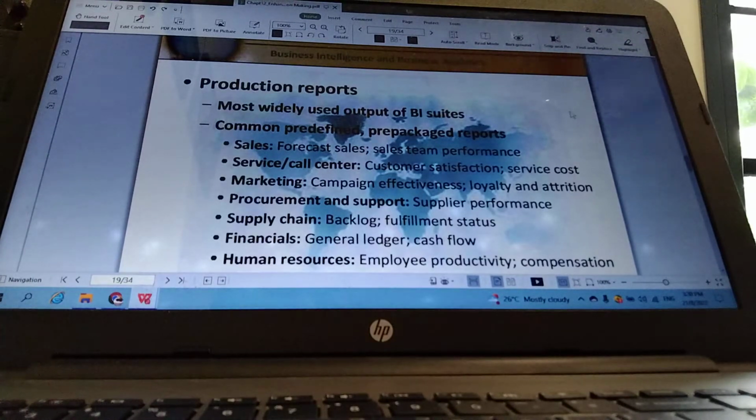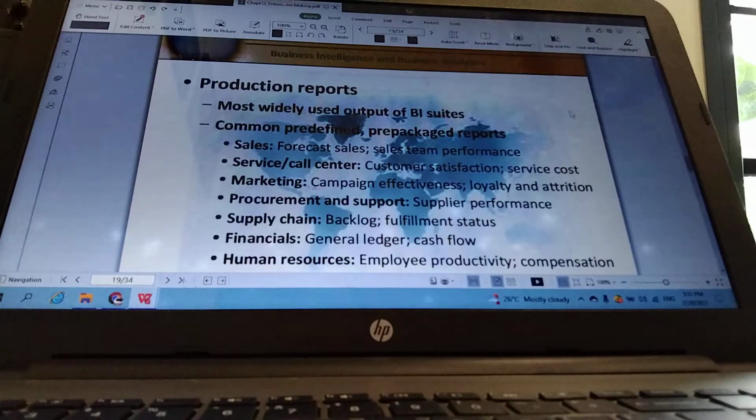When it comes to production reports, the most widely used output as far as the BI suites or BI systems are concerned, some of the common predefined, prepackaged or customized reports, as we discussed earlier, are sales related reports. For example, forecast sales, sales team performance, and so on. Anything to do with sales. Top rated products, high sales products, anything to do with sales.